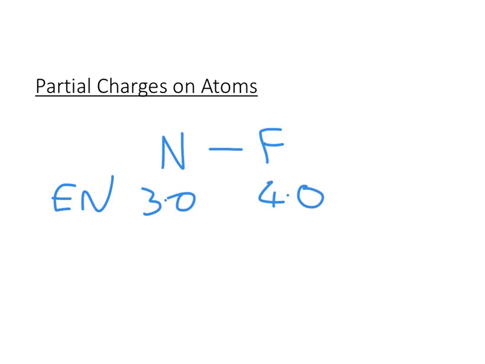Fluorine has the higher electronegativity, it's going to have the greater attraction for the electrons in the bond. So let's get these in. I'm using the delta sign, and it's like a number 8 that you've not quite finished off. So delta negative for the fluorine and delta positive for the nitrogen.